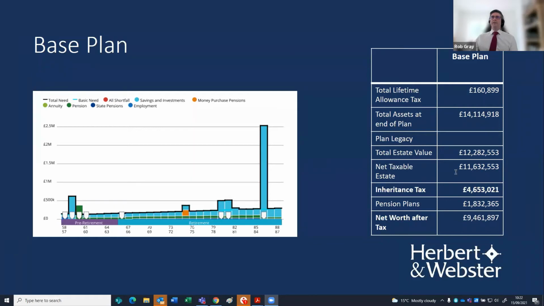His net taxable estate, after we've used his nil rate bands, etc., is 11.6 million. And so the likely inheritance tax charge at the end would be 4.653 million. So the net worth at the end for his son to inherit would be 9.4 million.